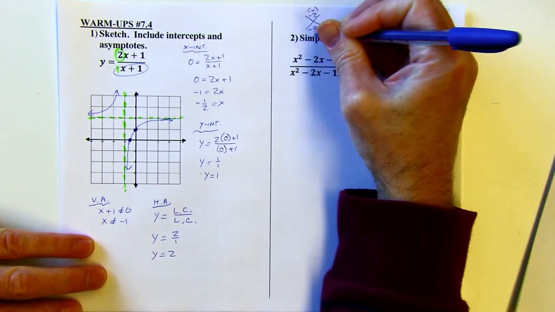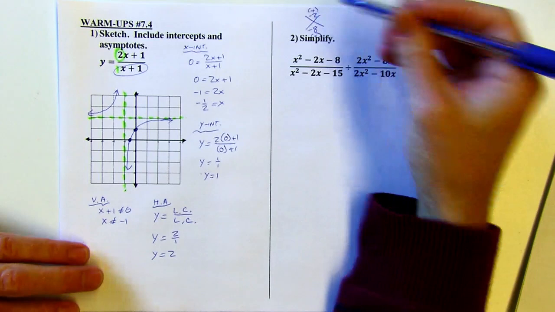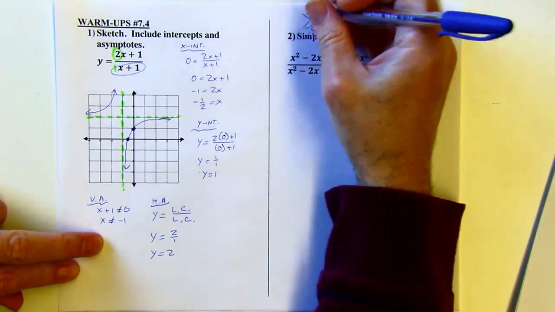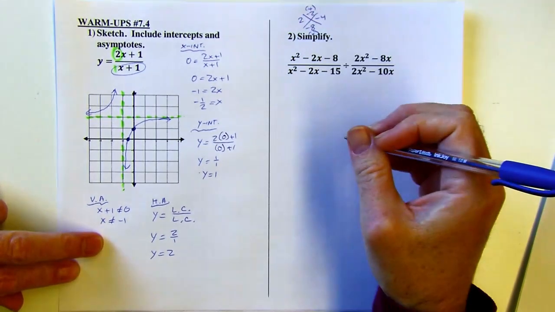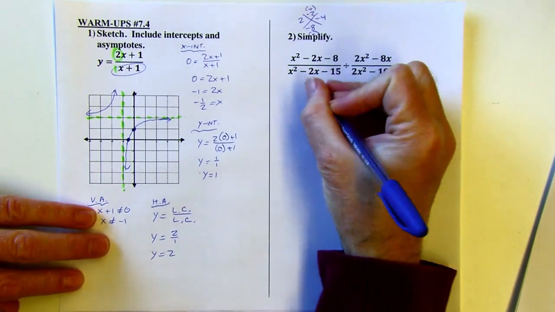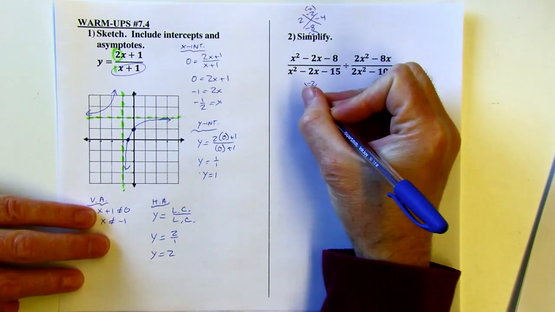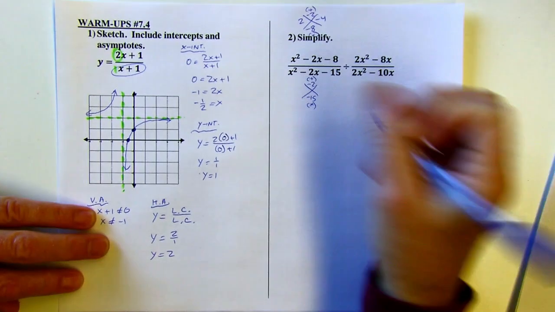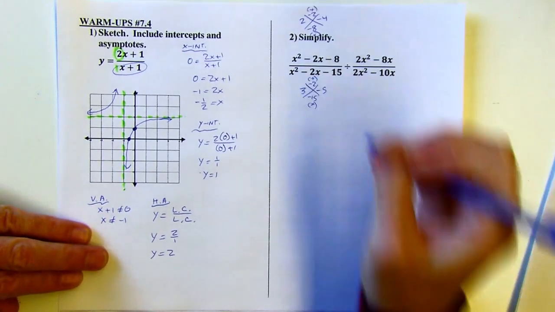Looking for two numbers that multiply to -8 and add to -2. So let's see, 1 and 8's no good, but I can do something with a 2 and a 4, like so. Okay, and then let's look at the bottom here. I'll do a diamond problem here as well. Okay, I can do something with a 3 and a 5. If the 5 is negative, that'll work out.